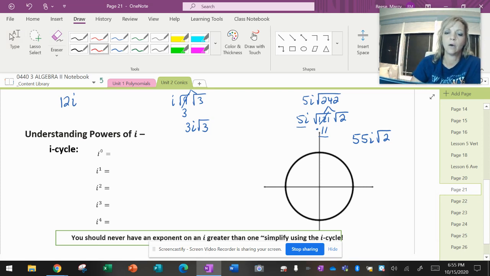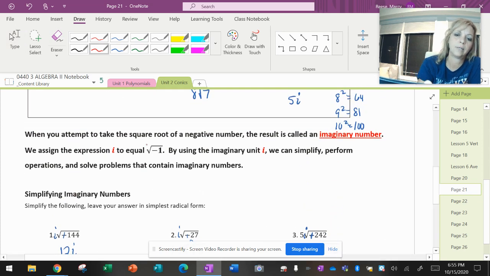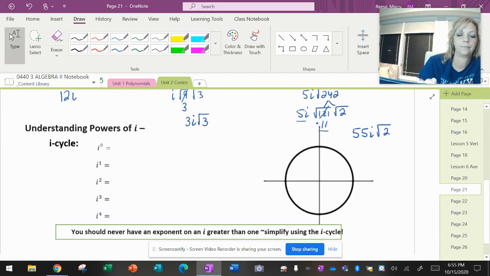Okay, so if you remember correctly up here, I said to you, the square root of negative 1 is i, okay? So this is pretty important to understand. It's called the i cycle, all right?